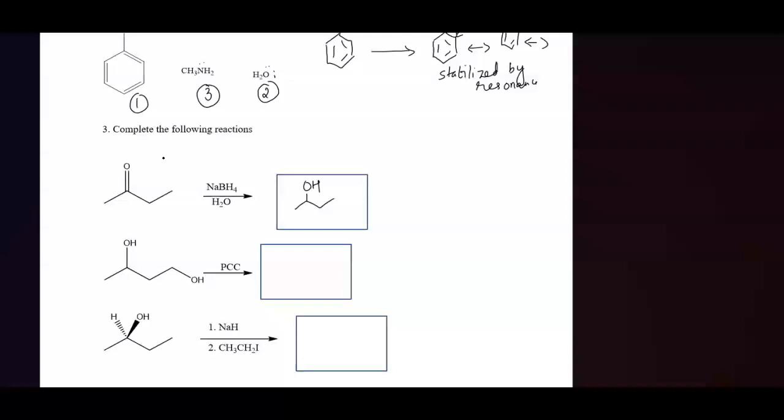Let me add another reaction here, and that would be, for example, if you had an alcohol and you were treating it with sodium hydroxide, which is a strong base.